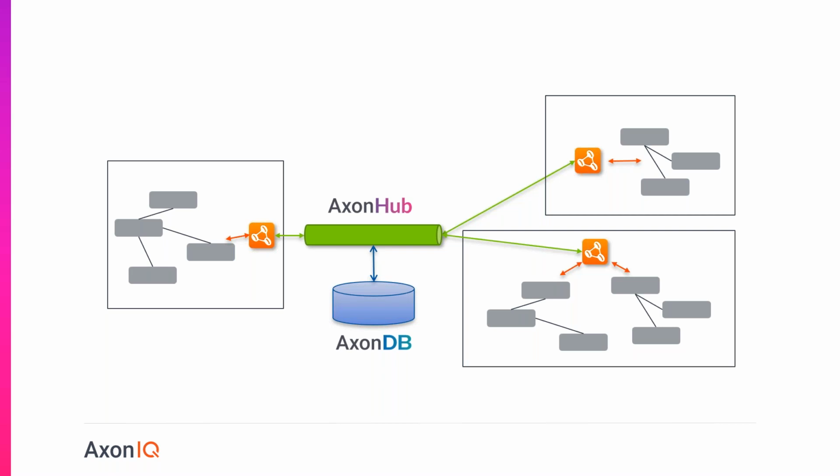And if we need to scale that component on the left, we can do that seamlessly as well. We can just start deploying multiple instances, and Axon Hub and DB together will coordinate activities such that other components will be able to use the fact that there are now 4 instances of the component on the left.